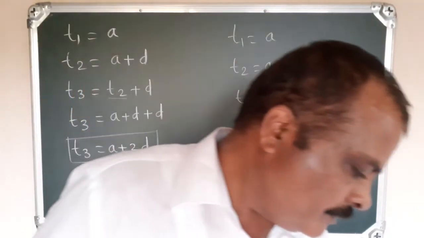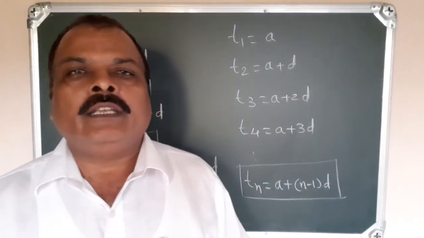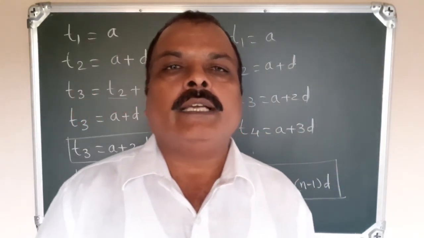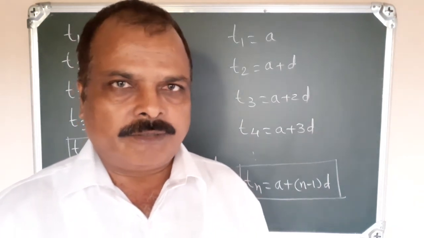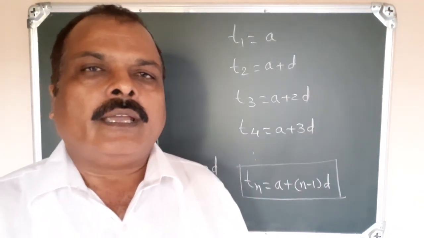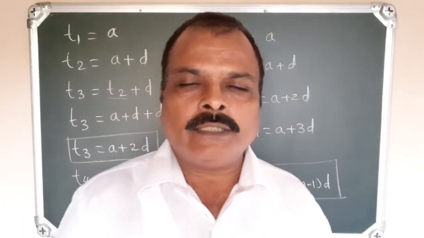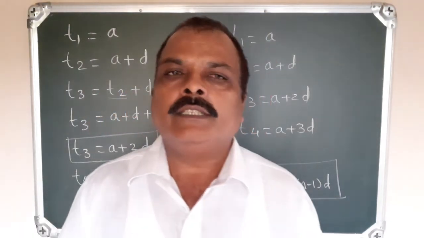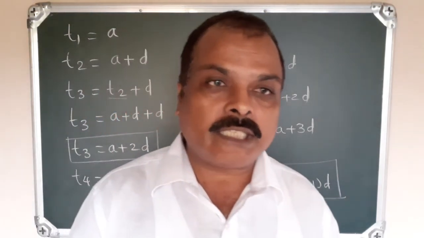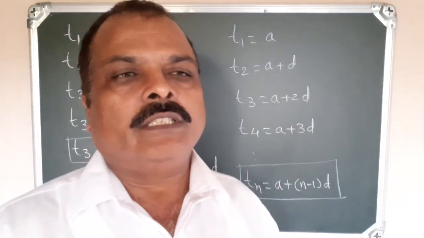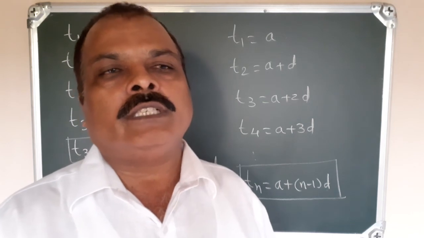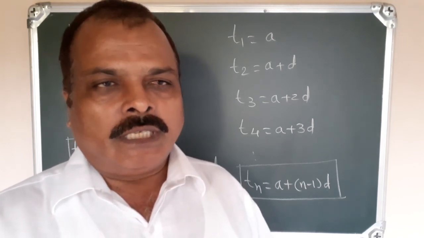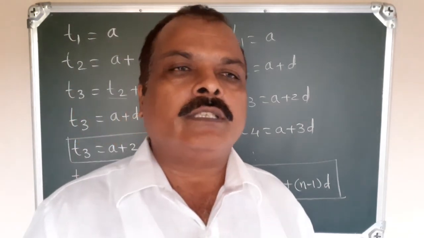So what is meant by sequence? A set of numbers arranged in a definite order is called a sequence. And what is AP, arithmetic progression? Arithmetic progression is a sequence in which the difference of any two consecutive terms in that sequence is constant.